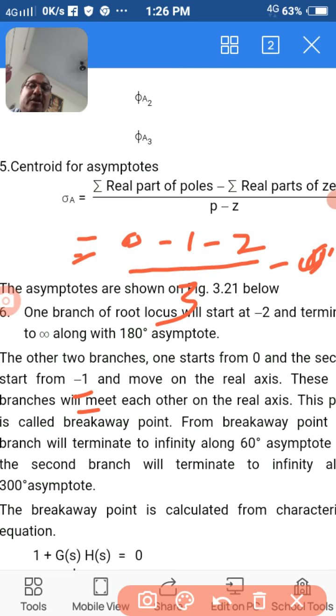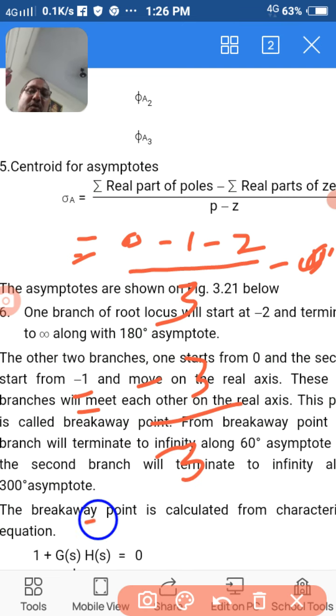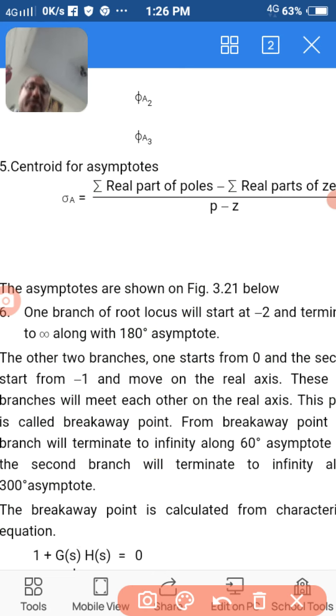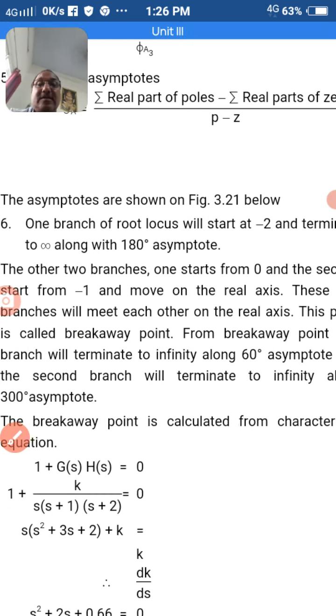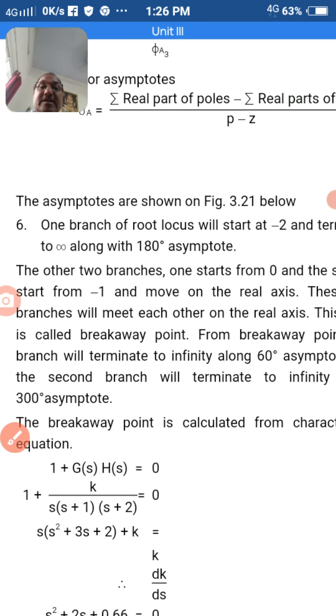So minus 3 upon 3, which is equal to minus 1. So the centroid of the asymptotes lies at minus 1.